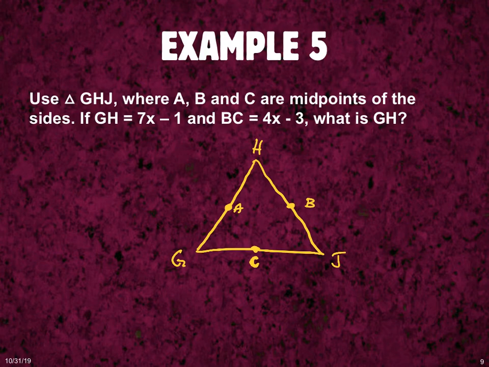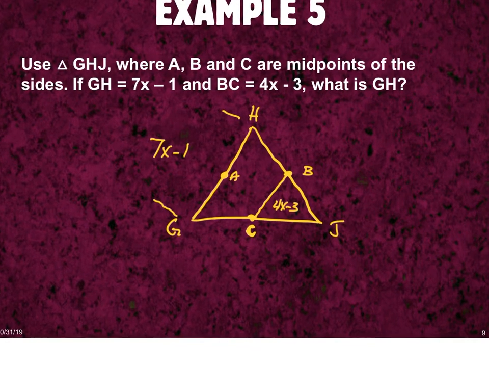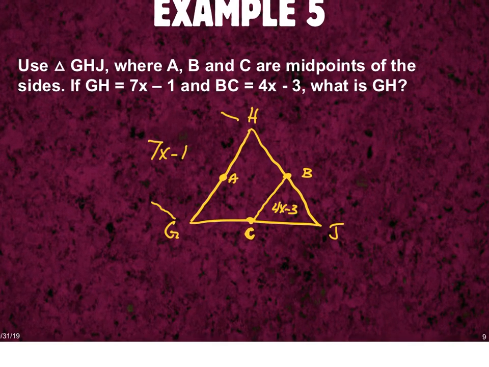Now, they said that GH, this length right here, is 7x minus 1, and BC, this length right here, is 4x minus 3. Now, remember, what we've got here is midpoints. They've told us that. So that means that this line BC is a mid-segment, which is a very useful piece of information.